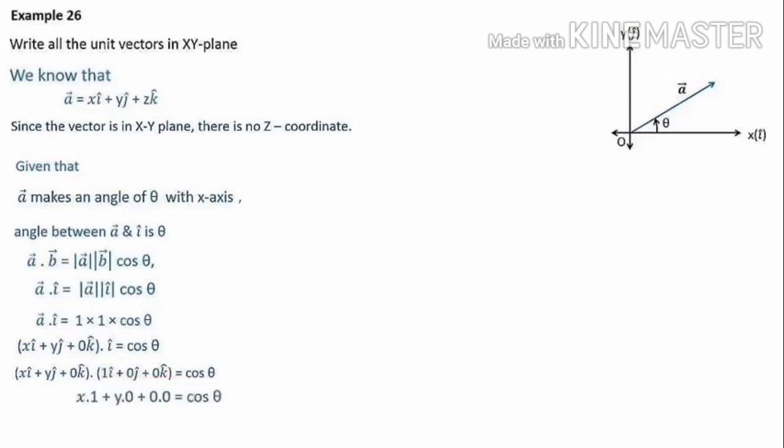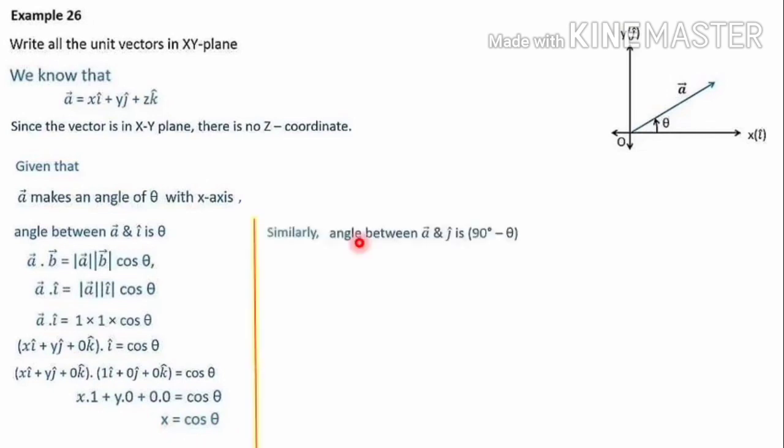When you take the dot product, x into 1 plus y into 0 plus 0 into 0, because i dot i is 1, so the remaining terms will be 0. That is, we will get the answer as x is equal to cos theta.